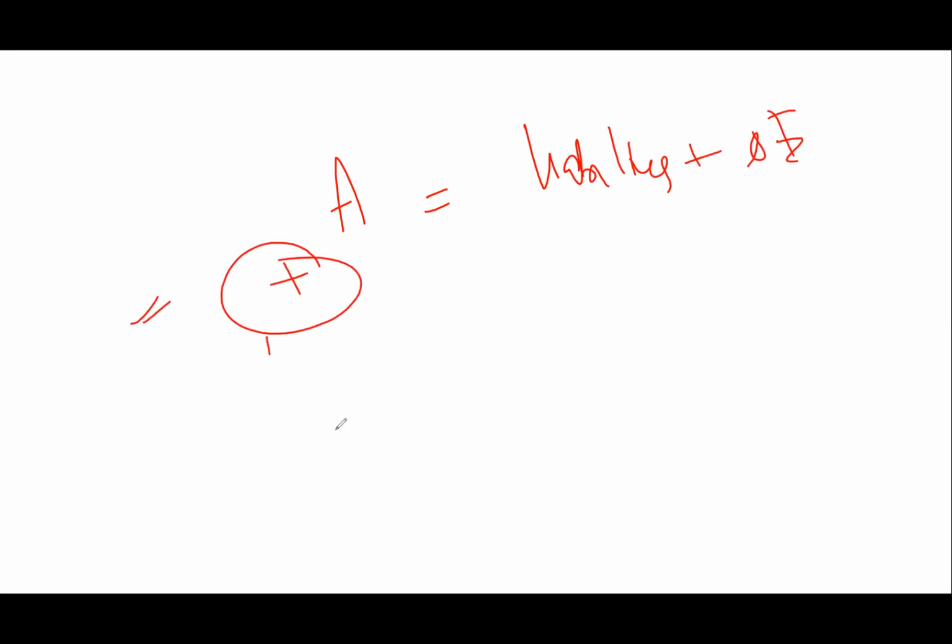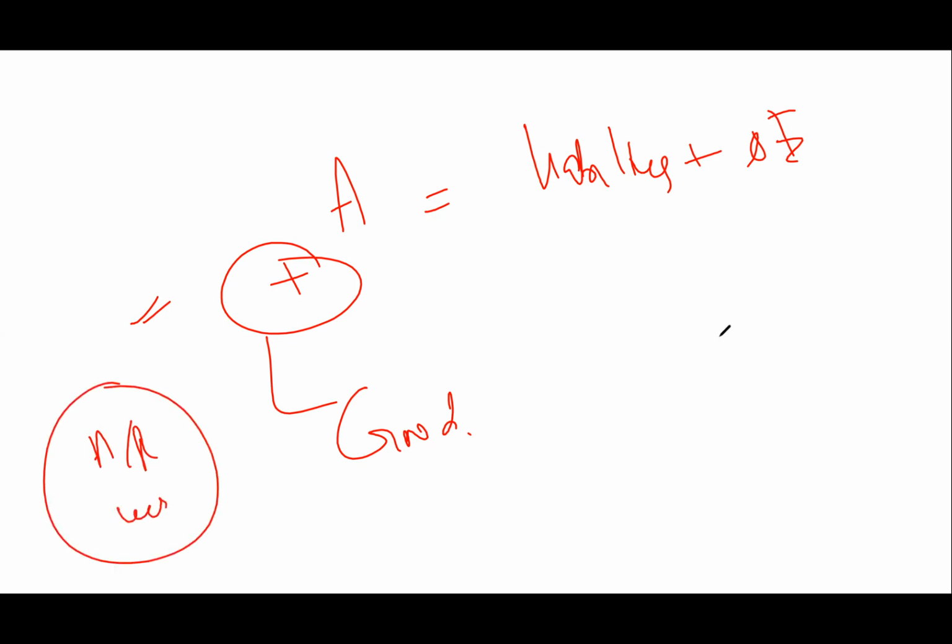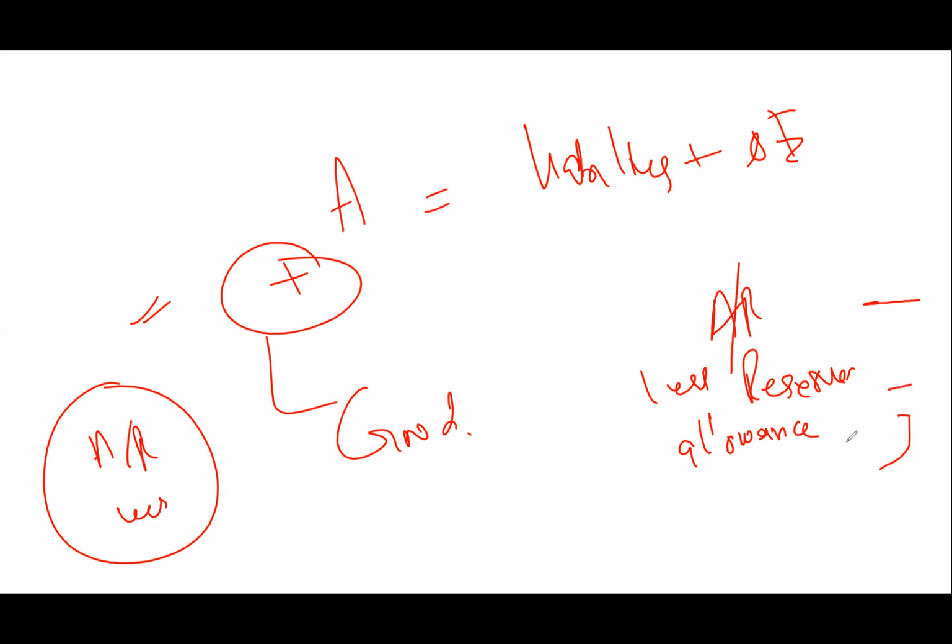More assets means a good job, but we are trying to write down a lesser amount of accounts receivable. We are writing down accounts receivable less its reserve or allowance, and this amount is going to be called net realizable value, NRV. That is of course less than this amount.